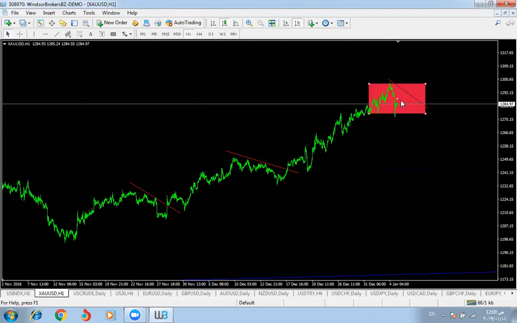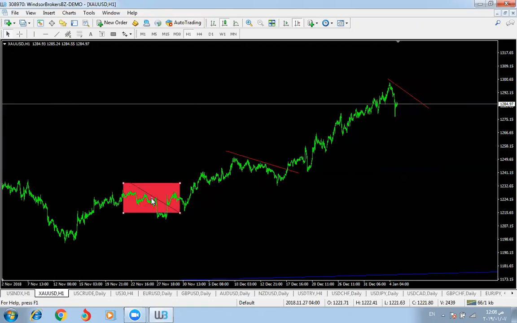And I see this is a very nice entry point right there, because as I told you, you can make this rectangle and try to move it where you are expecting corrections.